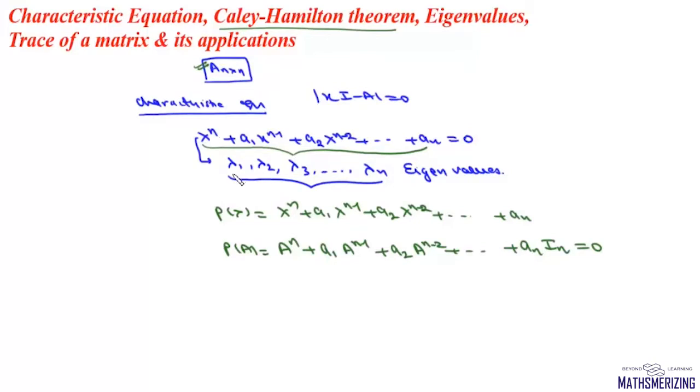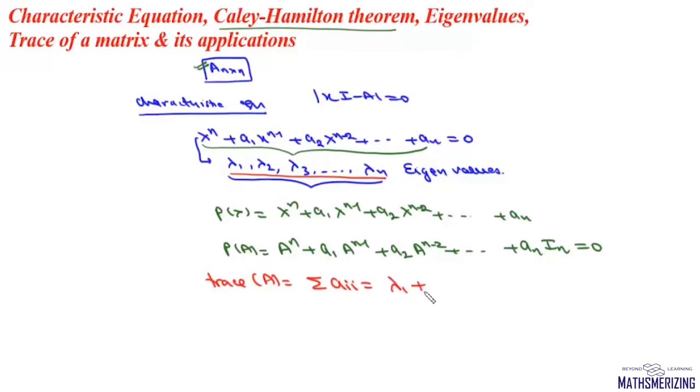Now once we have eigenvalues from the characteristic equation, we can find the trace of a matrix. The trace of any matrix A is defined as the sum of its principal diagonal elements, that is a11 plus a22 plus a33 plus ann, and it will be equal to the sum of all the eigenvalues.